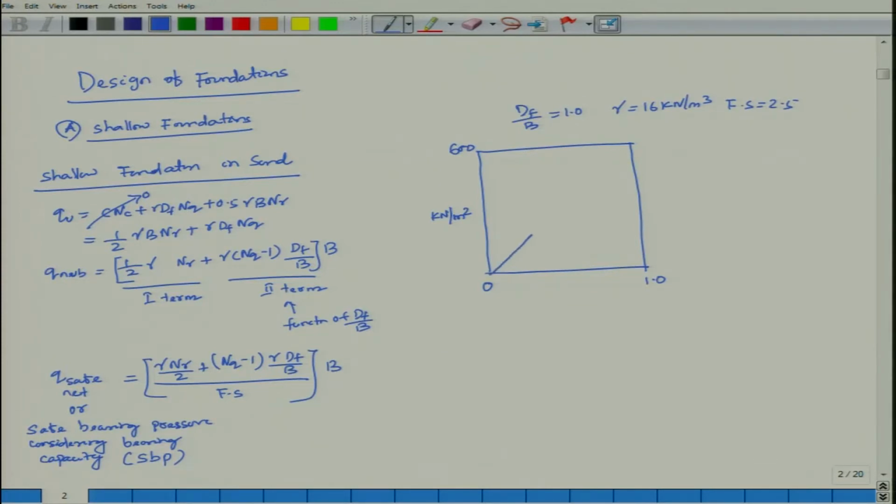Let me put 1, 2, 3, then 0.4, 0.8, 1.0. So, here N is equal to 5, here N is equal to 40, here N is equal to 50, and this is your B in meter.